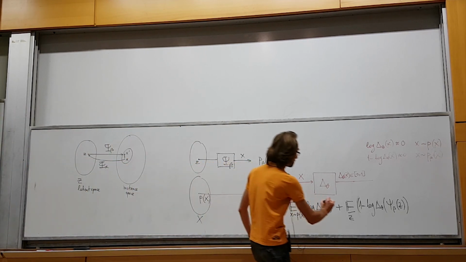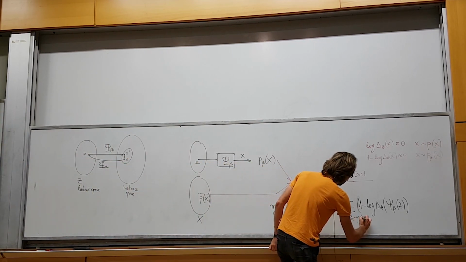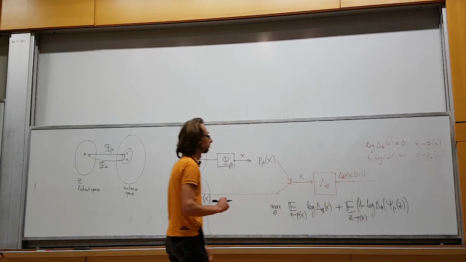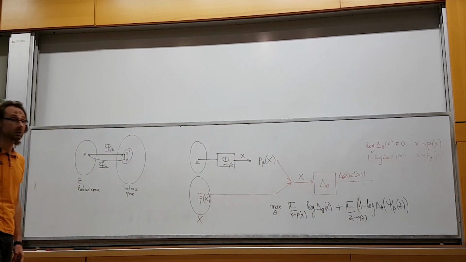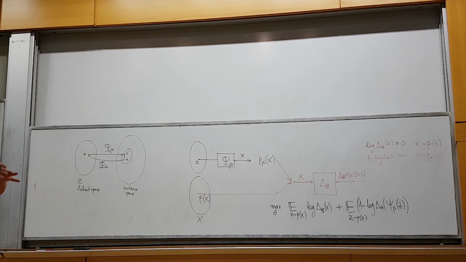Of course, z comes from the prior distribution, right? And I would like to maximize them simultaneously. So this is the forger that forges the data. Let's tune the parameters of the discriminator to be as sensitive as possible to the forger. But now we can say, given the most discriminative detector, let's tune the forger in such a way that it will reduce its performance as much as possible.